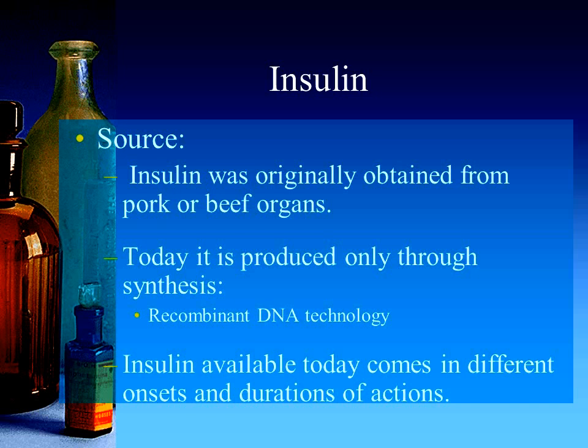Really today, though, for the most part, most of our insulin is produced through recombinant DNA technology. So we're producing it in a laboratory setting. You may have heard the term humulin insulin, and that's a recombinant DNA technology that produces an insulin that's basically the same as that produced by the human body.